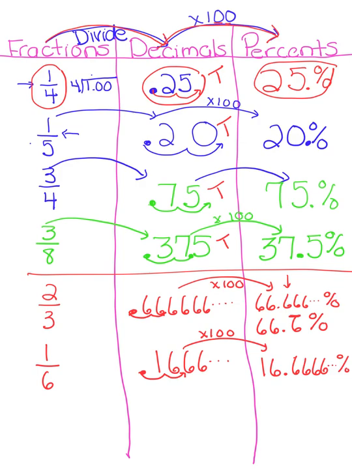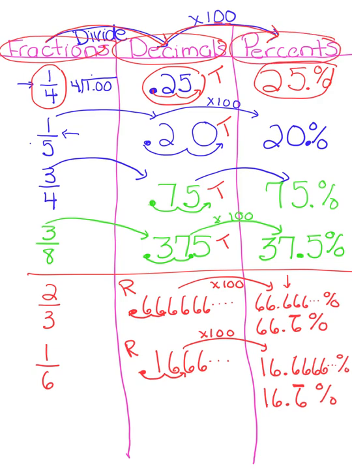Written in bar notation, 16.6 with a bar over that 6%. These decimals, as previously discussed, are identified as repeating decimals. So that's how you convert from a fraction to a decimal and then to a percent.